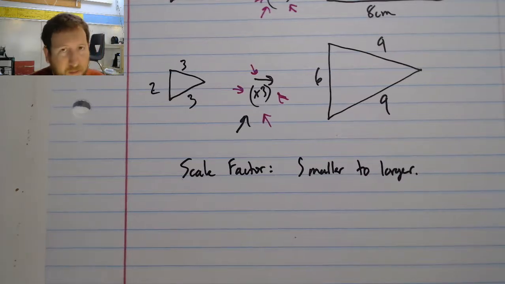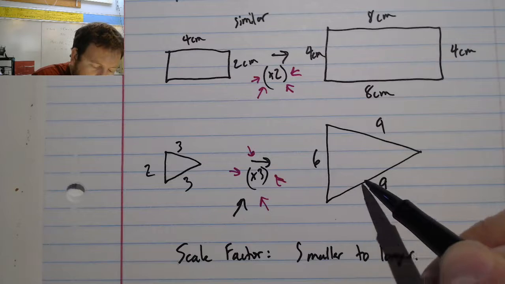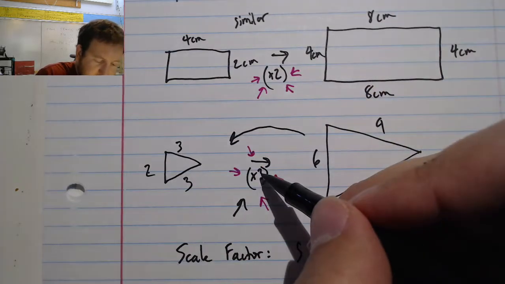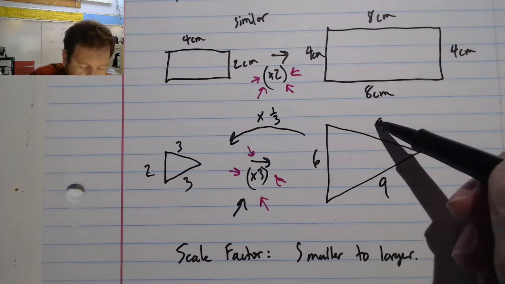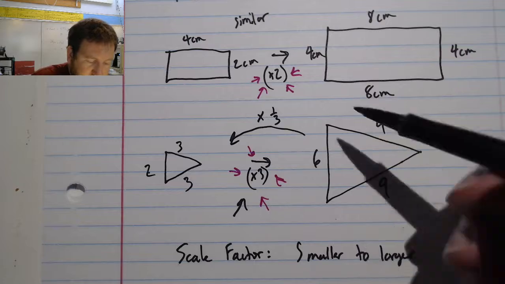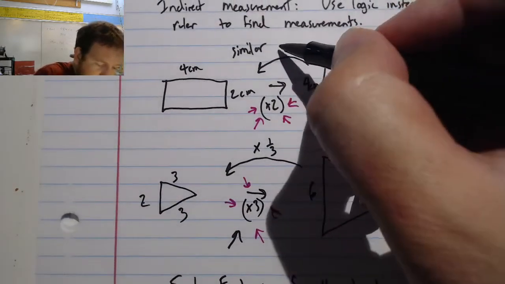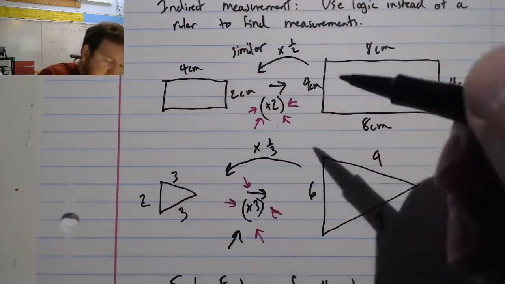However, you can mix it up. It just will be the reciprocal of it. For example, if I was going from this side back this direction as a scale factor, I would be times 1/3, because 1/3 of 9 would be going to 3. Same as over here, if I'm going backwards, my scale factor would be times 1/2. Well, half of 8 goes to 4.